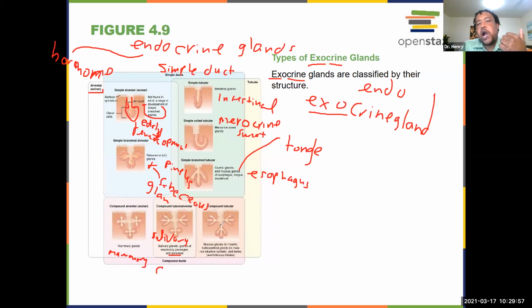Take your tongue and stick it up in the corner of your mouth. Do you feel those two structures on both sides of your cheeks? Those two structures are the ones we're talking about in your mouth. They're going to be compound tubular, and they're producing large amounts of saliva.